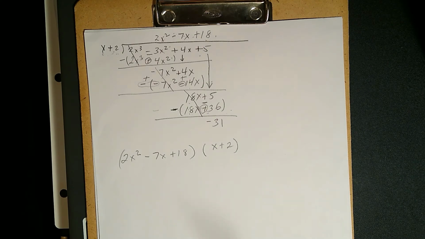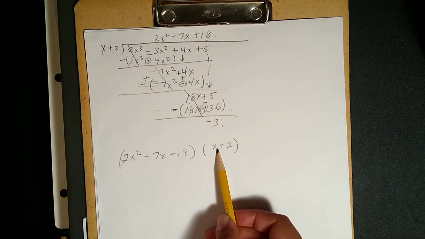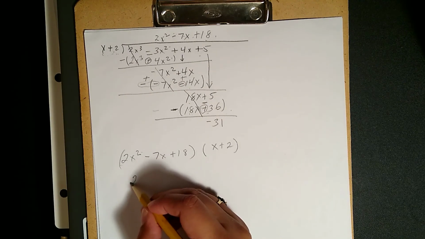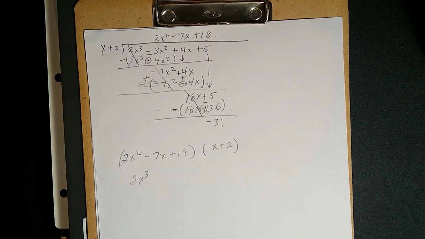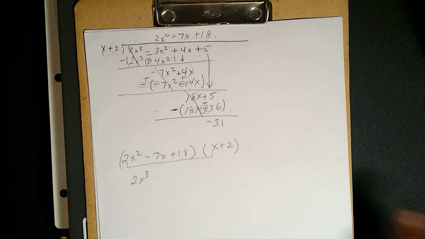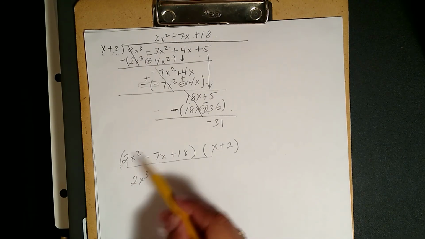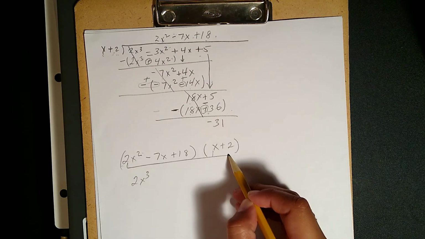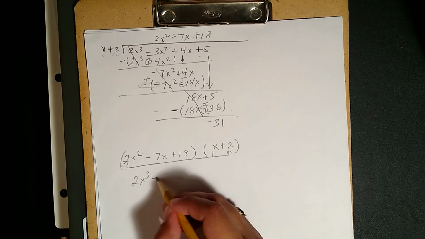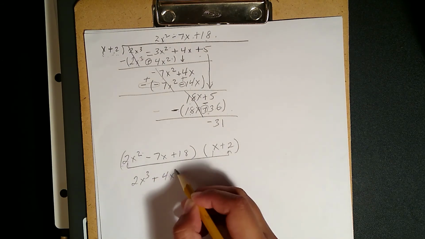So it'll be 2x squared times x, give you 2x cubed. Don't forget to pair them. 2x squared times 2 will give you plus 4x squared.